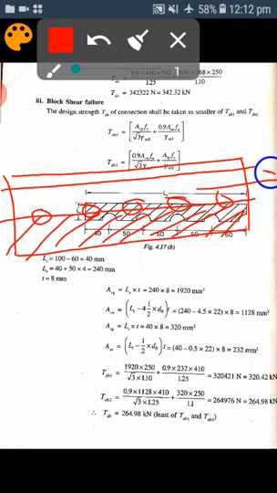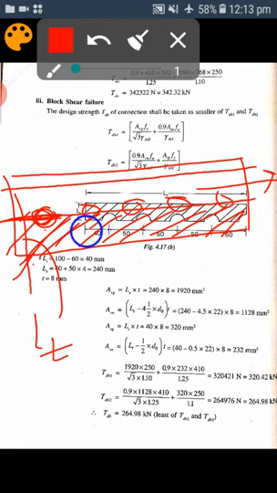We apply load for this one. Always LT is to be taken from the center of the bolt hole up to the toe of the angle. This is LT. Remember, from the center of the bolt hole to the toe of the angle section, not the heel.